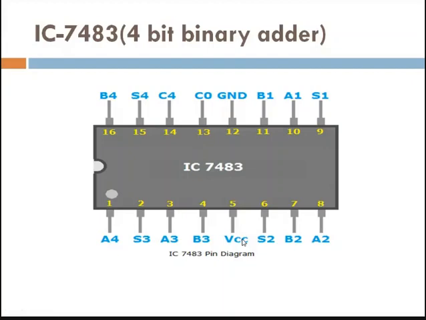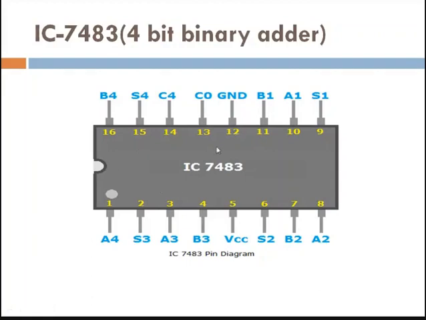Whatever pin configuration is given, you have to use the same one. There is no need to memorize it. During practical sessions you have the data sheet, in which all pin configurations are explained, or we already have charts in our labs. From that also you can get this pin configuration.